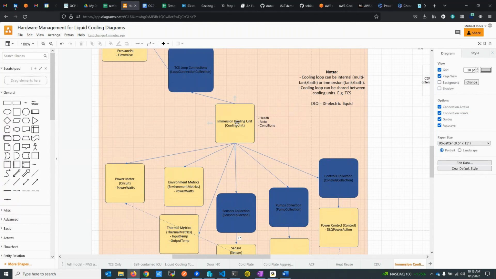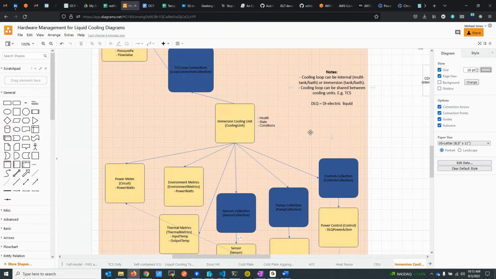Is that generic enough to use, considering what we discussed earlier with the open bath versus the enclosed chassis, or would they be distinct cooling unit types that we need to separate out?